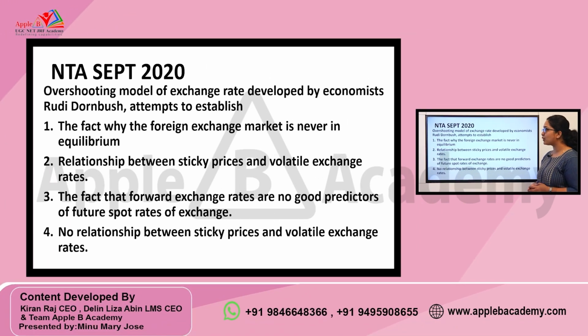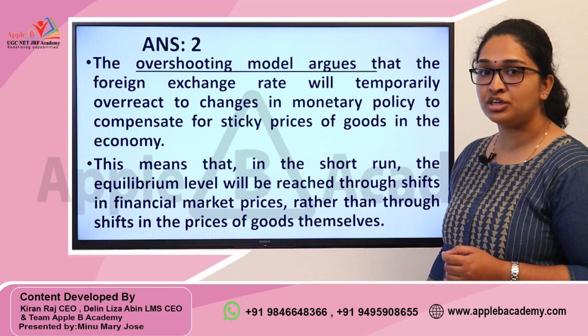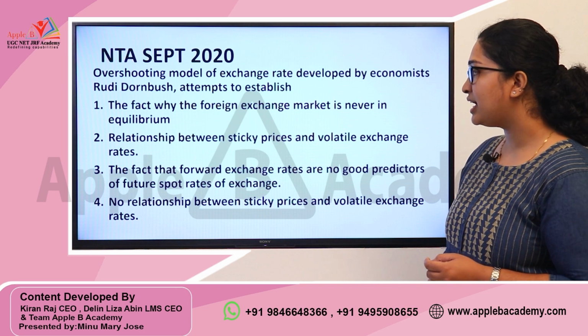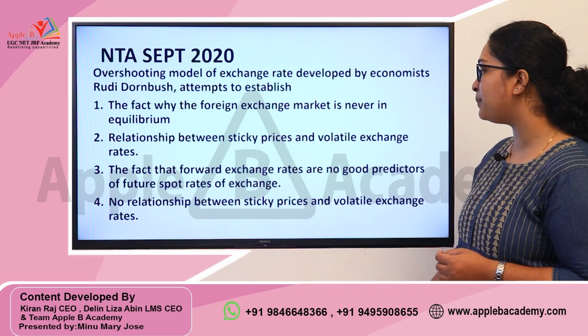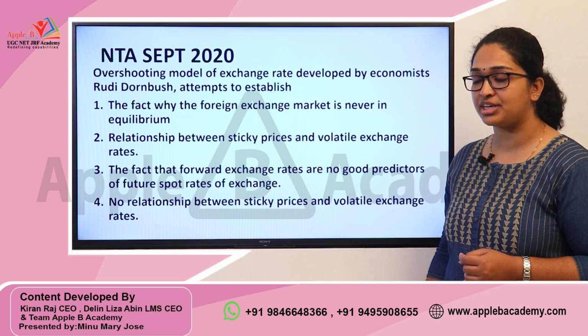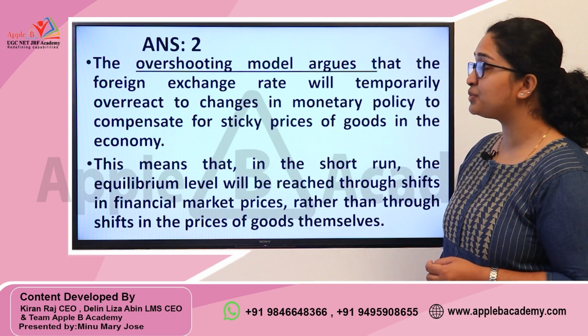We have to find which one exactly defines the overshooting model. The answer is option 2, the relationship between sticky prices and volatile exchange rates. We will see what an overshooting model is.